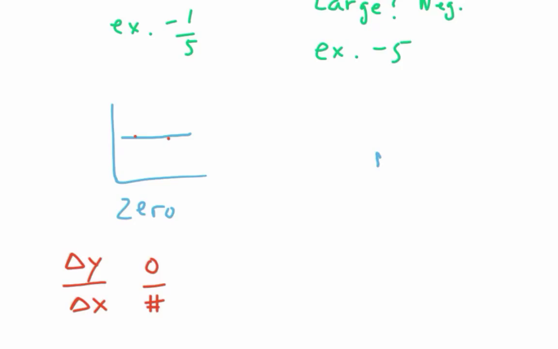Okay. Then the very last one to hit is the opposite of that: a vertical line. So it's supposed to look perfectly vertical. Slope there is... let's do this. If we do the change in y divided by the change in x, where do we put a 0 in that fraction?